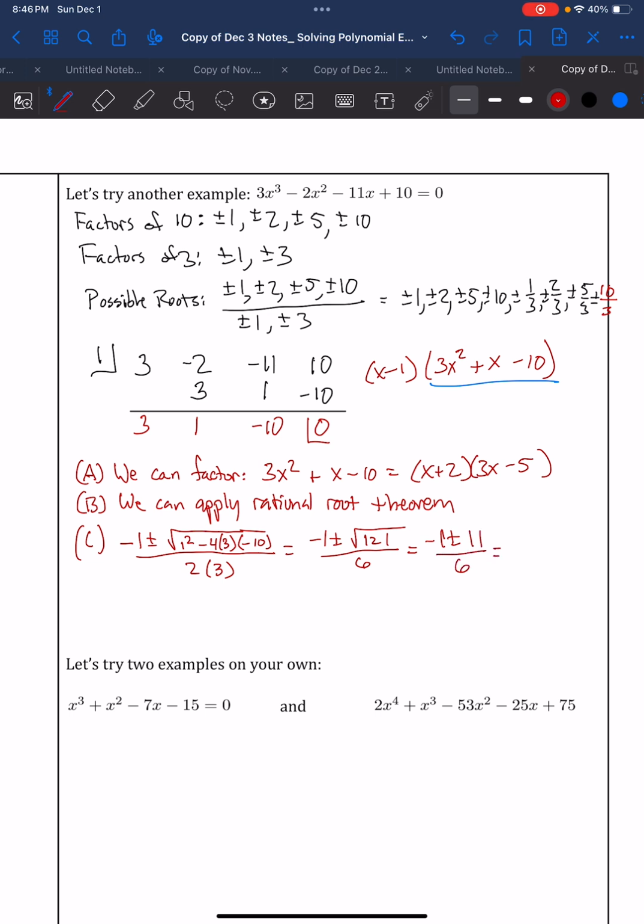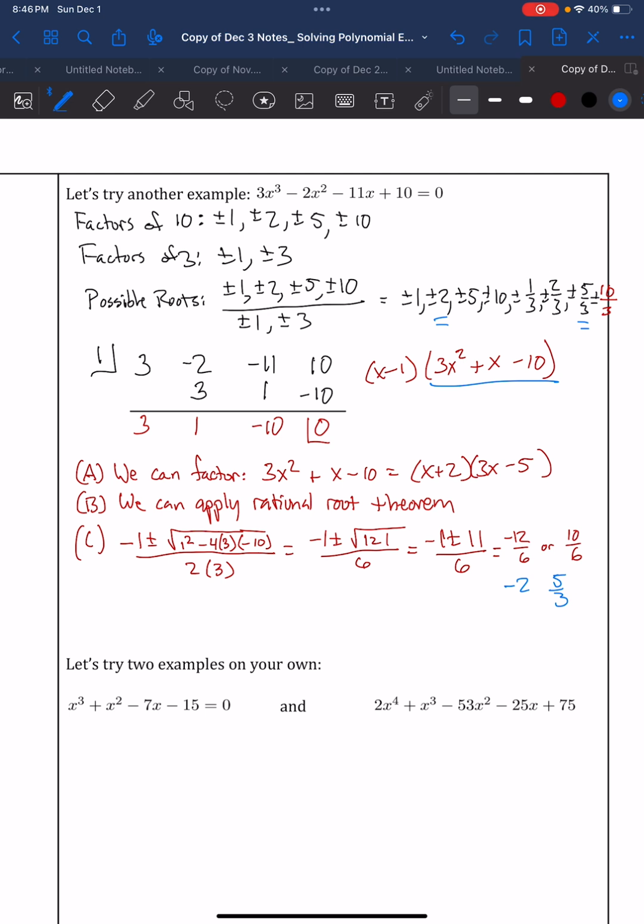So we get either negative 12 over 6 or positive 10 over 6. And negative 12 over 6 simplifies to negative 2, and 10 over 6 simplifies to 5/3. And notice that those are both in our list of possible rational roots. So if we had used the second way, we would have eventually gotten there. But this gets it to us really quickly.